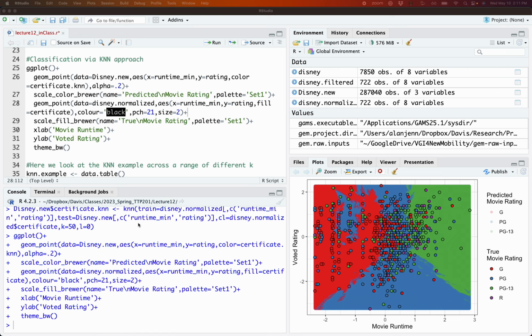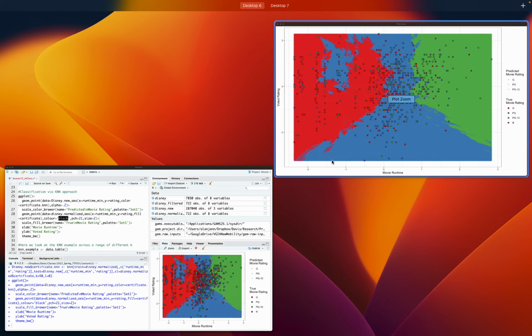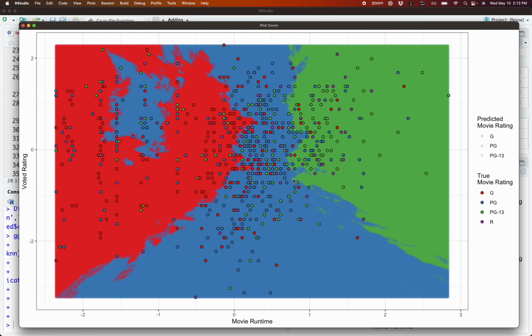We're going to pick up really quickly where we left off last time. Let's take a look at this plot here, which, as a reminder, is the plot of our predictions.